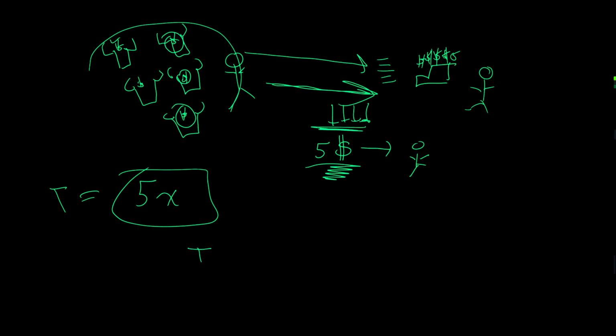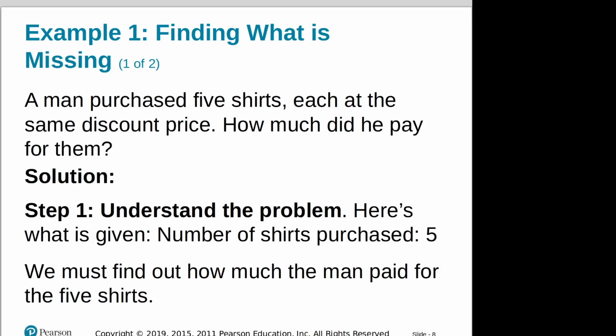And in the end, well, my total price is going to be 5 times whatever the discounted price is, if X is the discounted price, and T is my total. And we sometimes have to do that. We sometimes have to sketch the whole problem together.